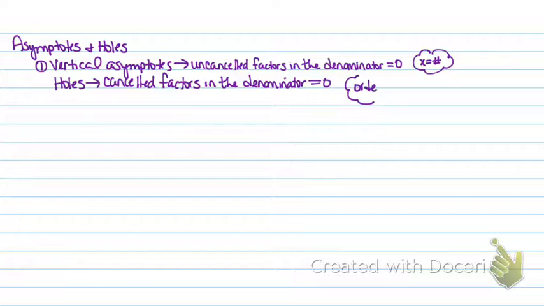So when you solve that, x equals whatever the number is for the hole, you're going to need to plug that back into the factored rational function and solve to find its y value. And we'll do some of them.